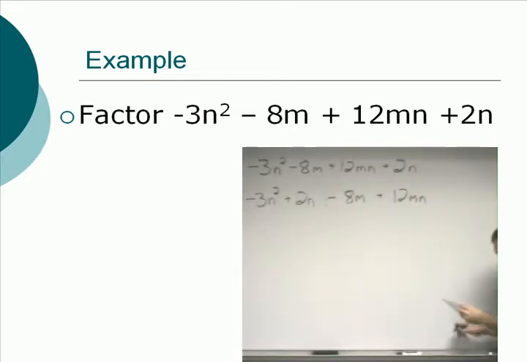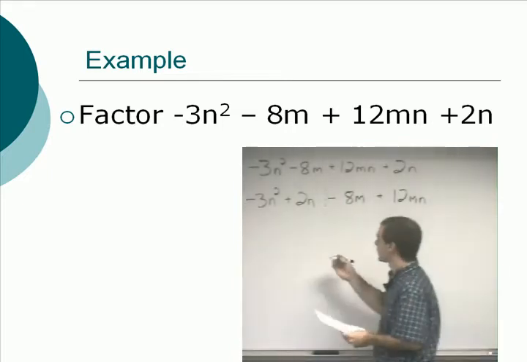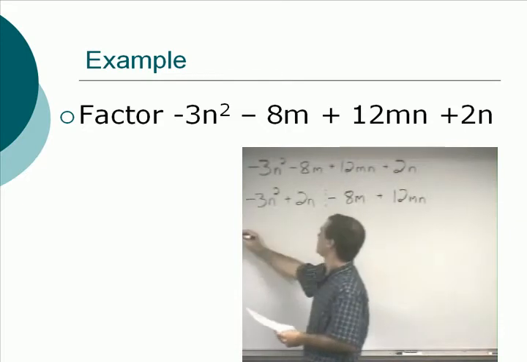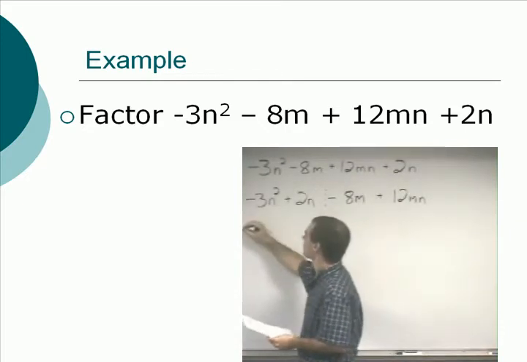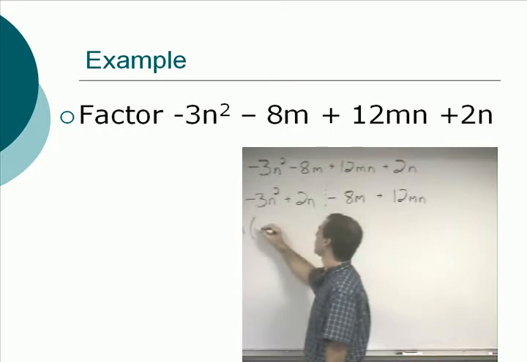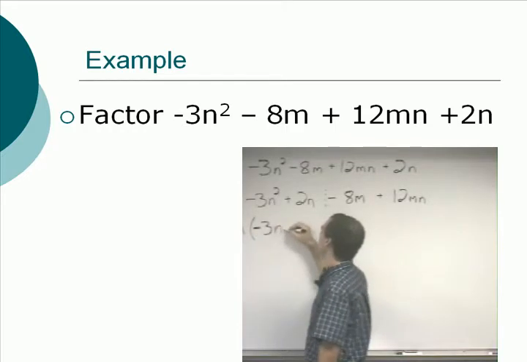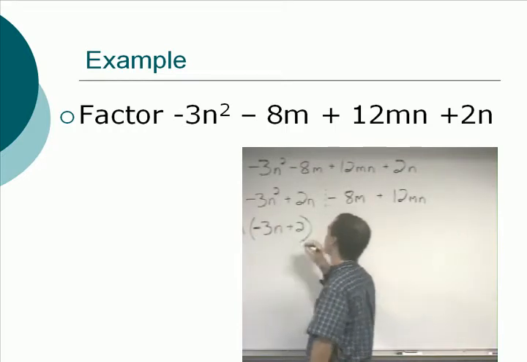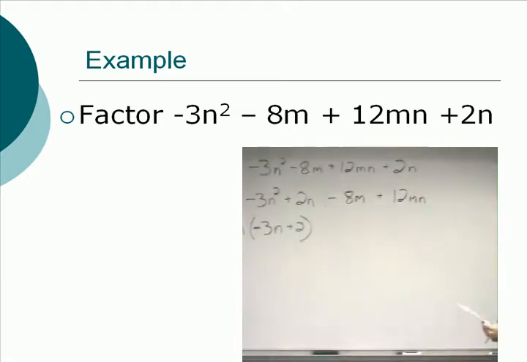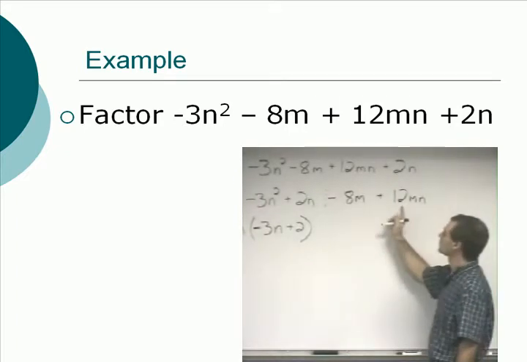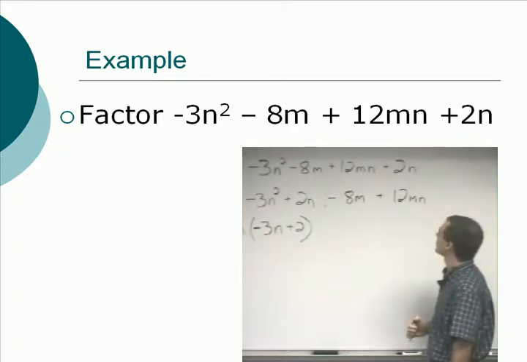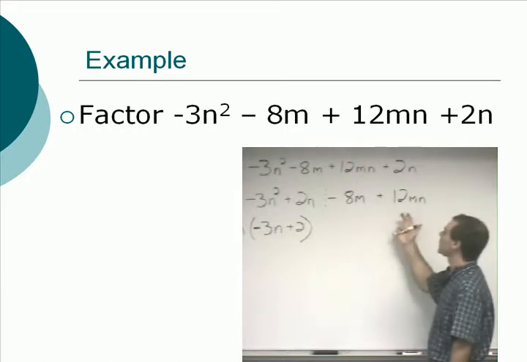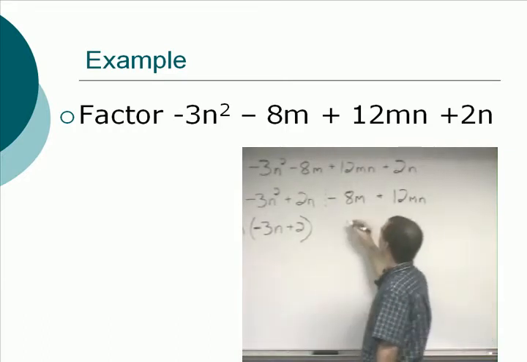Factor the left side. What can we get out of there? Just an n. We can factor out n, and we're left with negative 3n plus 2. And out of these two on the right, we can pull out a 4 and an m. Now, look what happens here.